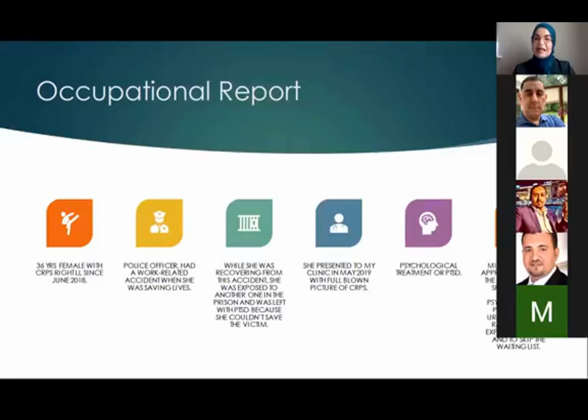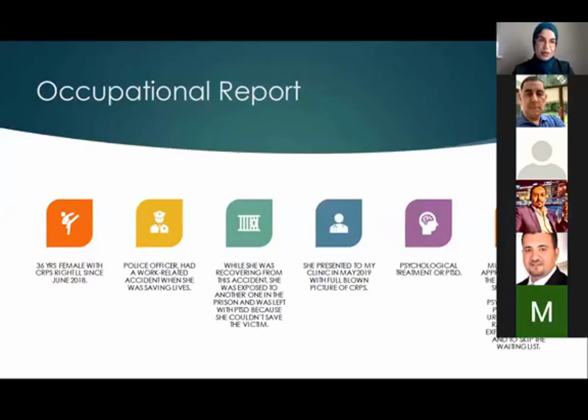Psychological treatment for PTSD was done. We have in the team some psychological colleagues who specialize in PTSD treatment, and some specialized in CBT, so I referred her to the specific specialty that would help. The multidisciplinary approach involved occupational therapy, which is very important in the treatment, because she was off work.